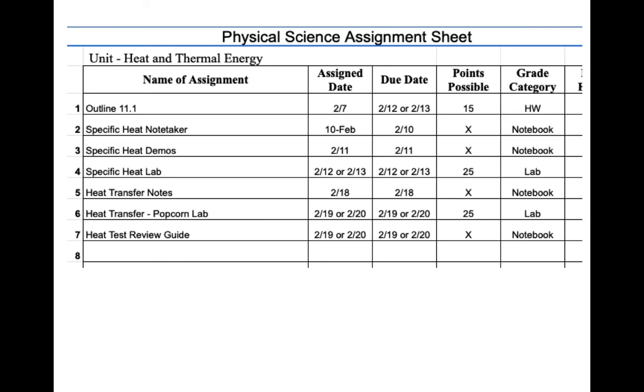Another reminder is as you're filling out this assignment sheet, if any of these assignments are missing, it is your responsibility to turn them in by Friday for late credit because I will not be accepting any of these assignments after the unit is over. So I'm going to give you one more minute if you're taking down any notes for this assignment sheet for this week. I will also post it at the beginning of the day on block day.